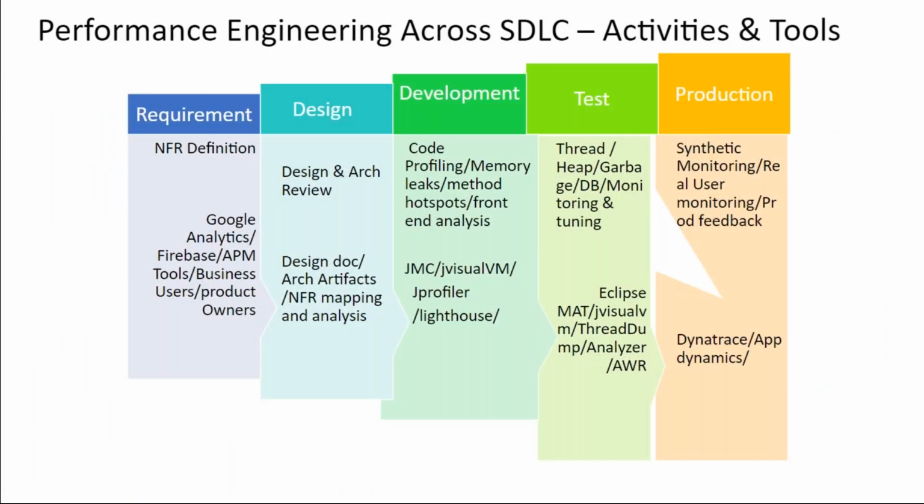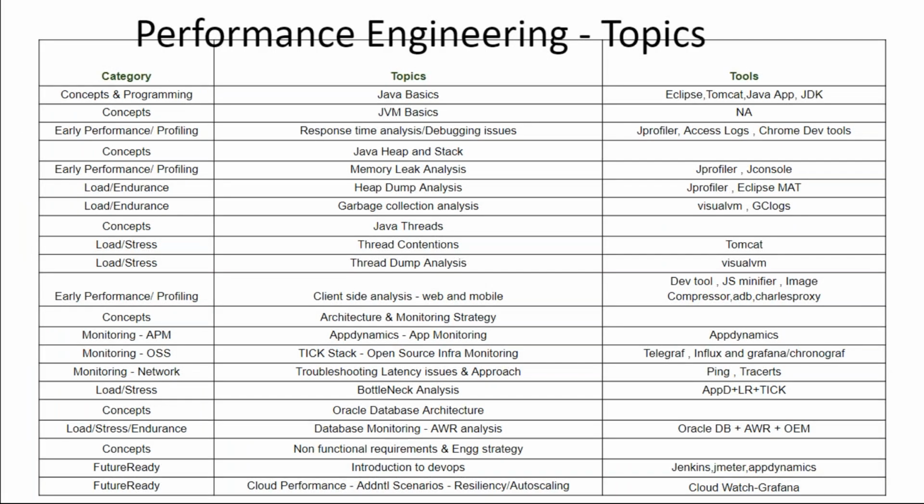That is how this course is tailored. If you see here, I have listed all the topics that we will cover over the next 3, 4, or 5 weeks. We'll go over these topics at a very high level.